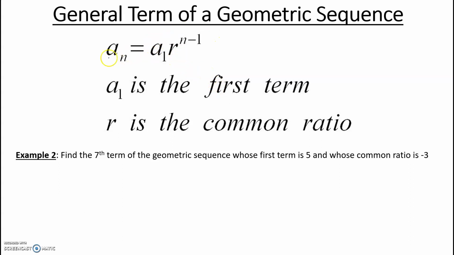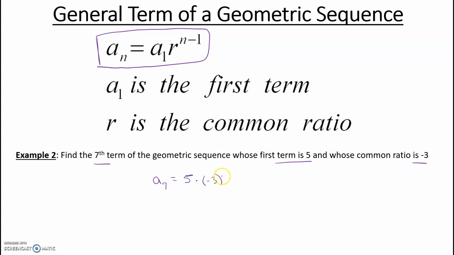The general term formula is a sub n equals the first term times the common ratio to the n minus 1. So here we want to find the 7th term, so we want to find a sub 7. They tell us the first term is 5. That's a 5 times our ratio, which is -3. I'm going to go ahead and put that negative in parentheses.